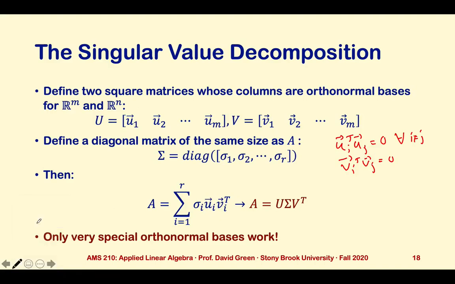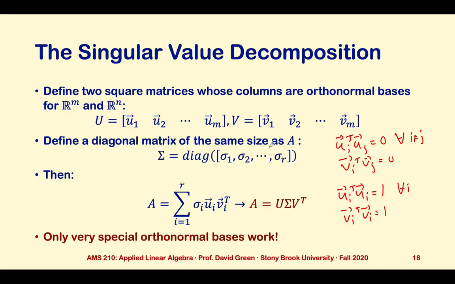And in addition to that, the dot product of Ui with itself is equal to 1 for all i, and the same for V. Orthonormal bases. The columns all have a norm of 1 and are orthogonal to each other.